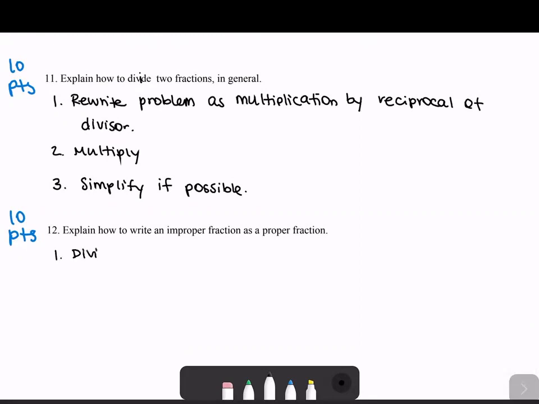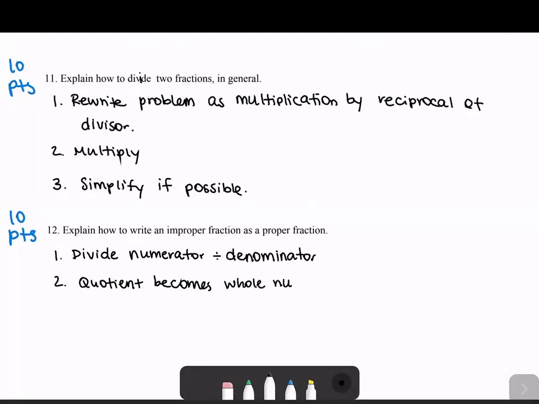So we divide the numerator divided by the denominator, and our quotient becomes the whole number part and our remainder over the denominator becomes the fraction part.